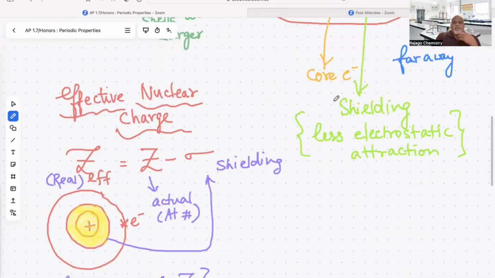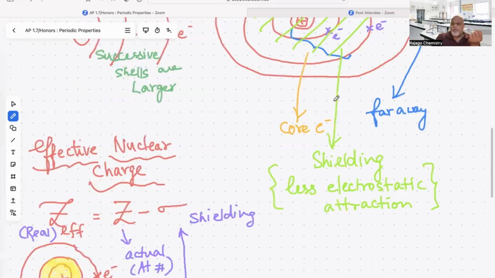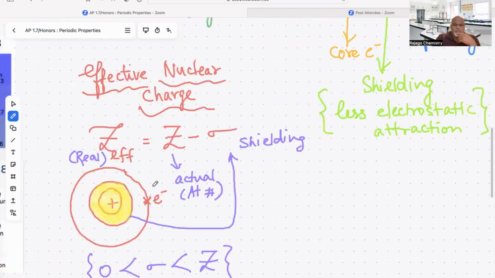The second one is called the effective nuclear charge. When you compare the outermost electron, and we have the shielding, this is the effective nuclear charge this electron feels. There is an actual number, minus the shielding effect.